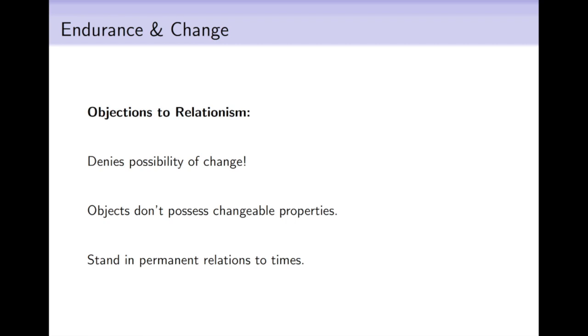If it always bears this relation of being 1 meter tall on to Christmas Day 1221, and it always bears the relation of being 116 meters tall on to the 16th of January 2021, these aren't changeable properties, although we initially thought it had intrinsic properties that changed.